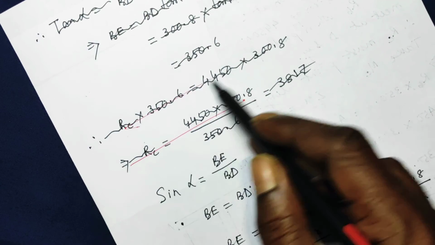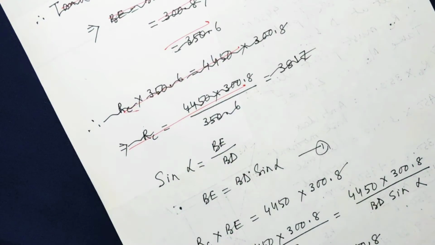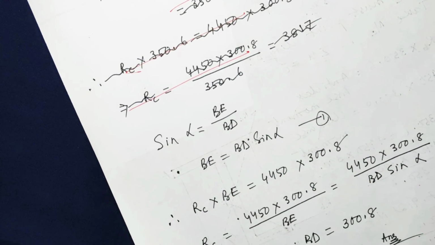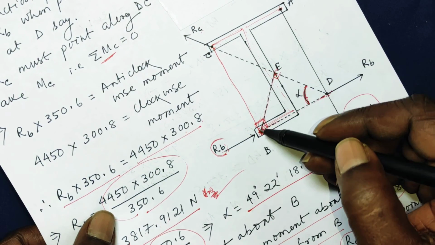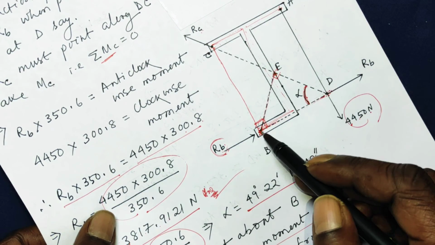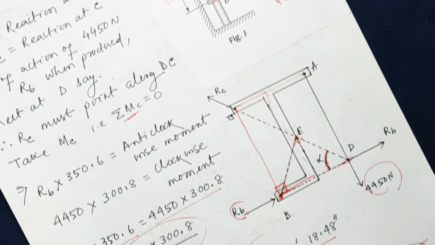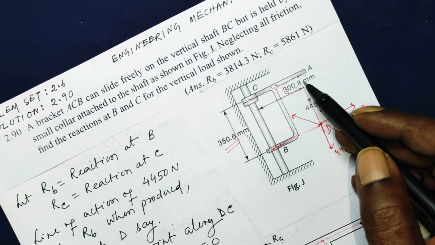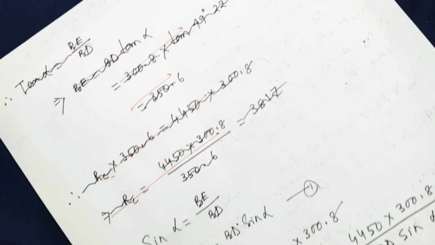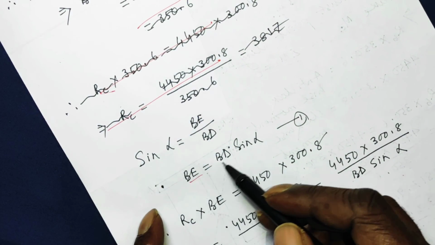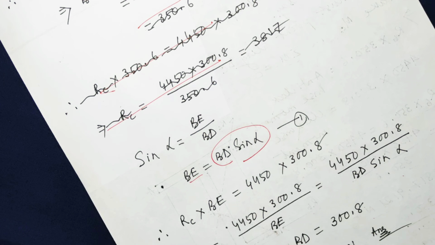Don't look at this part, I wrongly took it as tan alpha. So sin alpha is BE over BD. BD's length is given as 300.8. So if you cross multiply, you get BE as BD sin alpha.